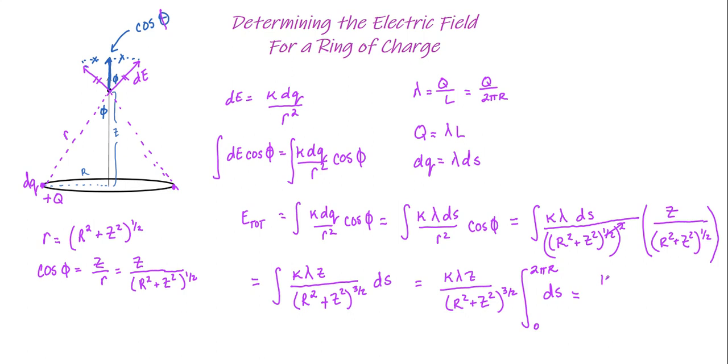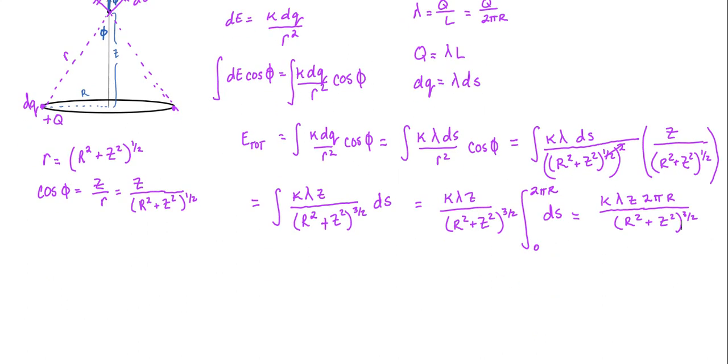So I'm left with k lambda z times 2 pi r over r squared plus z squared to the 3/2. Now, one last step here, just to simplify this out, I'm going to substitute in lambda that I had from before, which was q over 2 pi r.